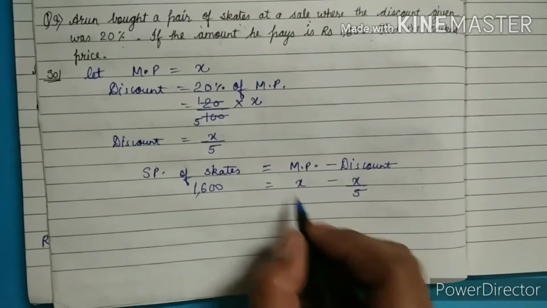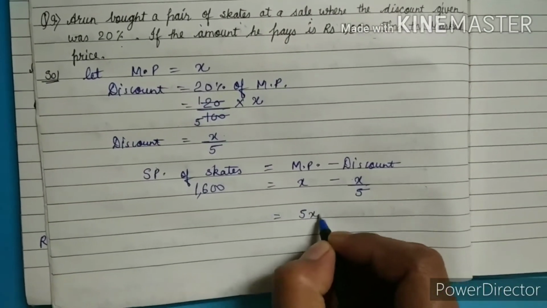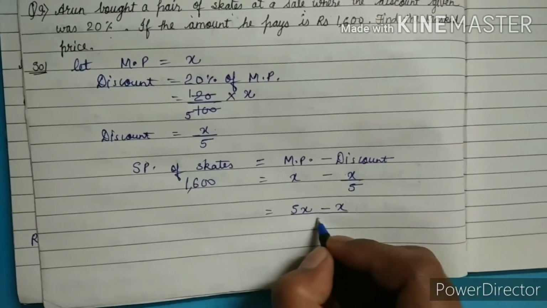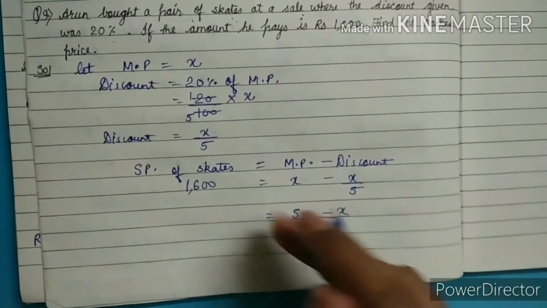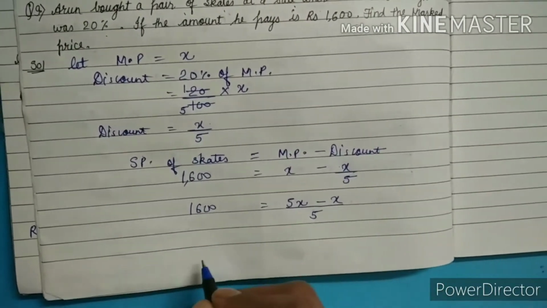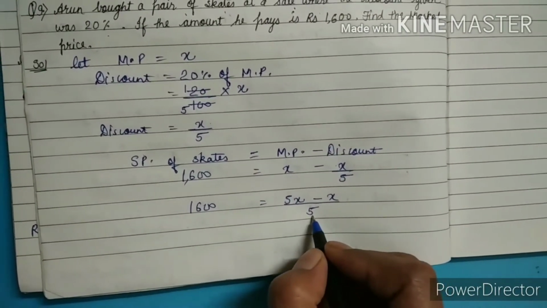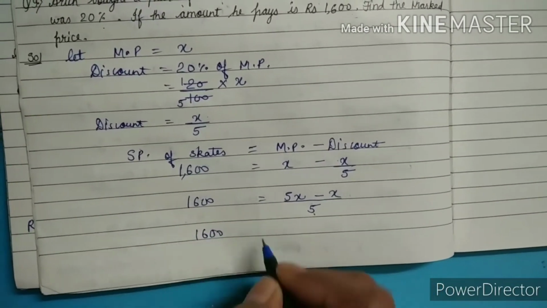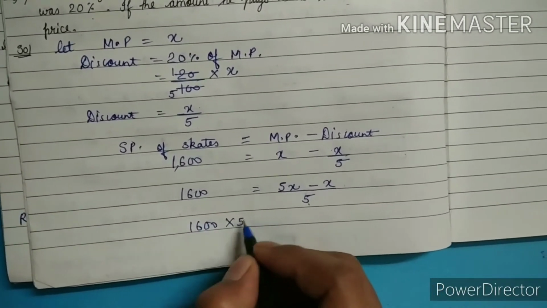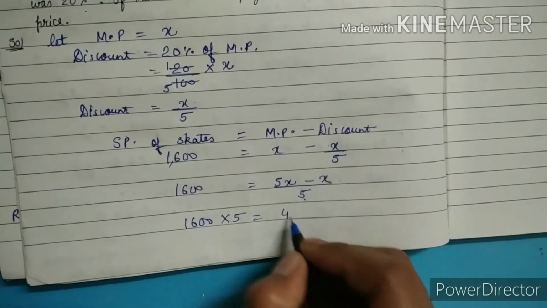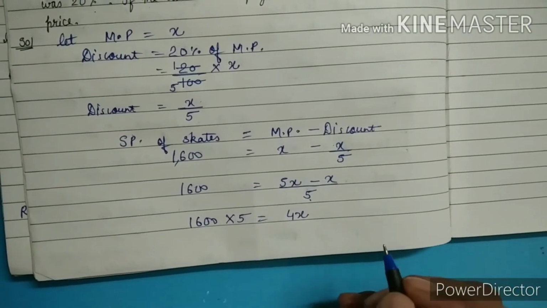Here 5 will go to the multiplication side, so it will become 5x minus x as it is, completely divided by 5. Here 1,600 as it is. Now the division by 5 will go to the multiplication side, so it will become 1,600 multiplied by 5, and 5x minus x will come as 4x.